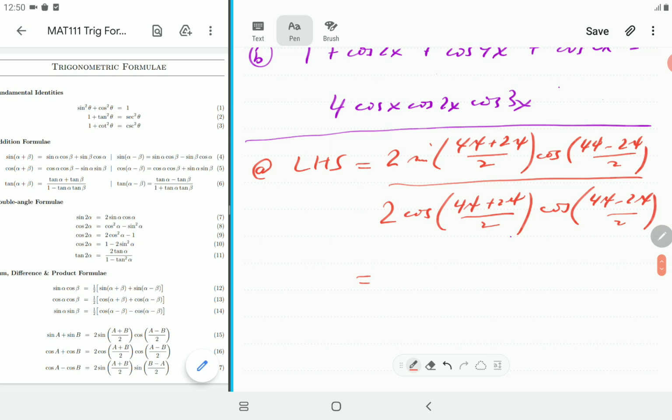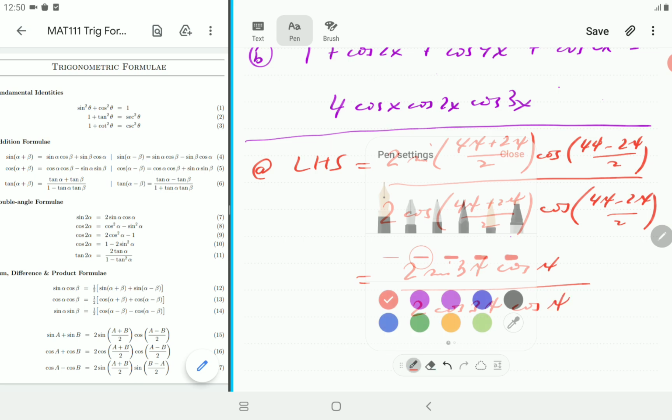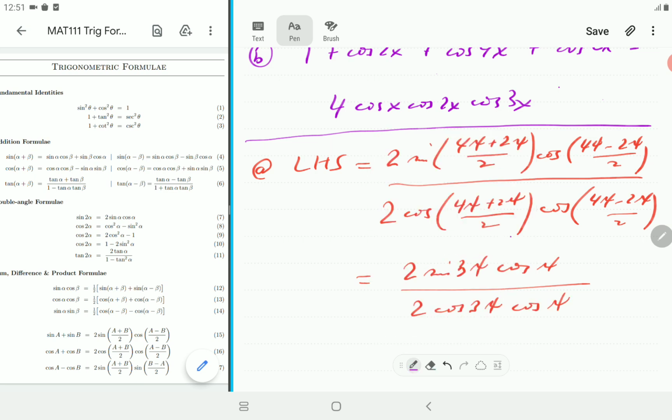Then simplifying, 4 plus 2 over 2 is 3, so there's going to be 2 sine 3 psi. 4 minus 2 over 2 is 1, so it's going to be cosine psi, and then here it's going to be 2 cosine 3 psi cosine psi, and then we've got some common terms that we can cancel out.